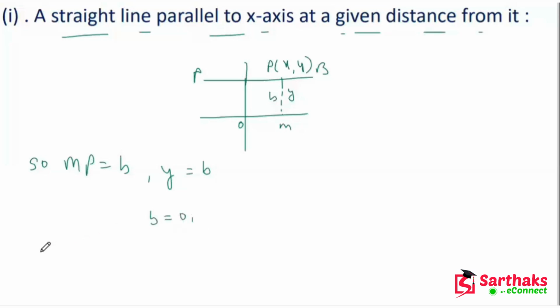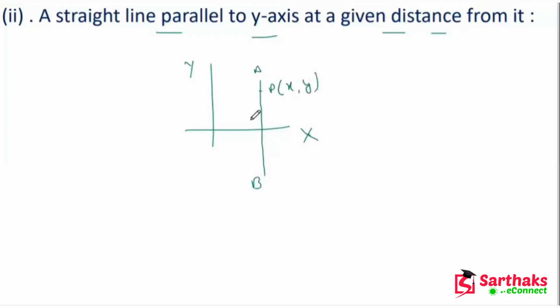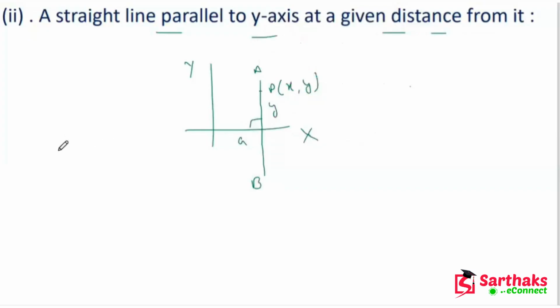Now, a straight line parallel to the y-axis at a given distance from it. So again, here is the y-axis, here is the x-axis. Now there is a line parallel to the y-axis. This is the AB line, and this is point P, x comma y, and this is the perpendicular, and this is y, and this is the distance. Now let PM be the perpendicular from point P to the x-axis.